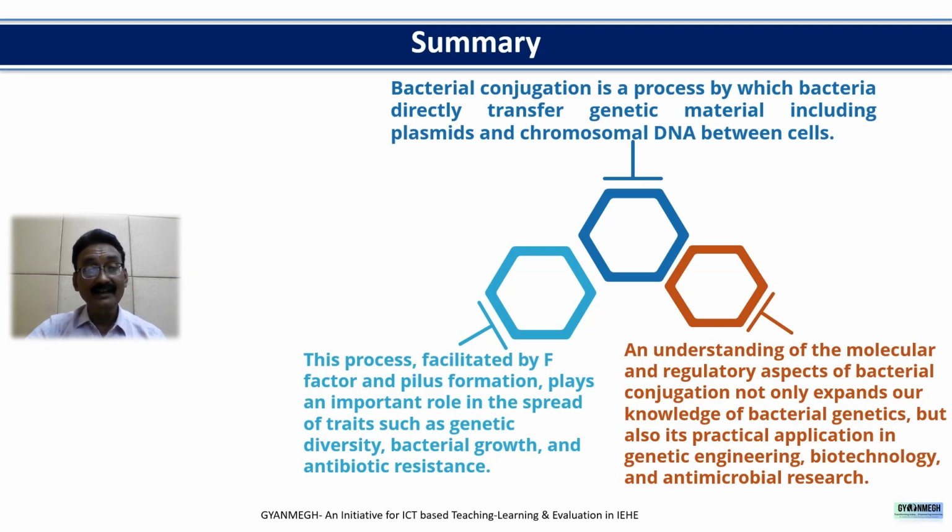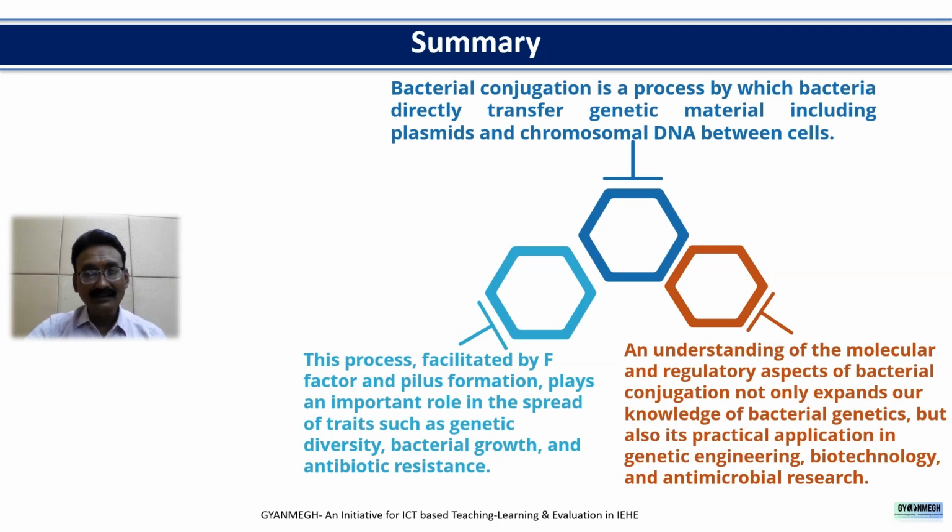An understanding of the molecular and regulatory aspects of bacterial conjugation not only expands our knowledge about it, but also its practical application for genetic engineering and antimicrobial activities. So these are the importance of the conjugation mechanism.